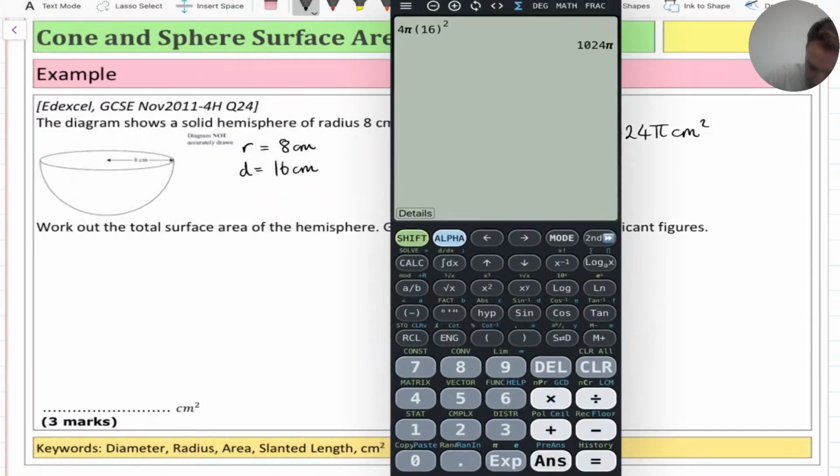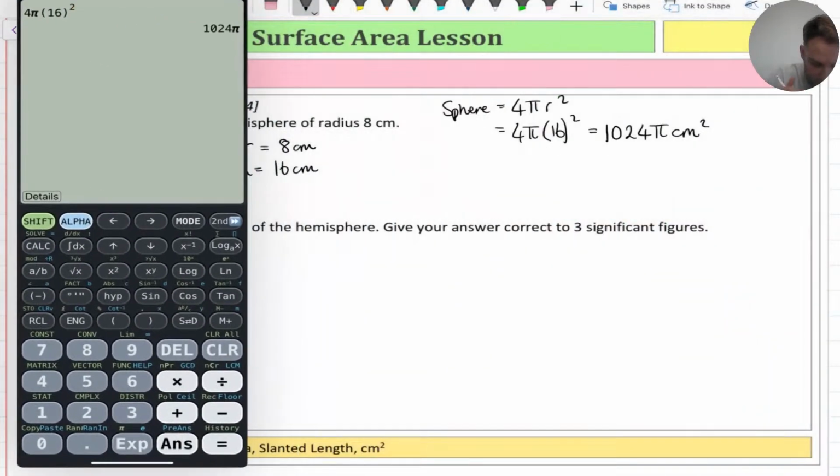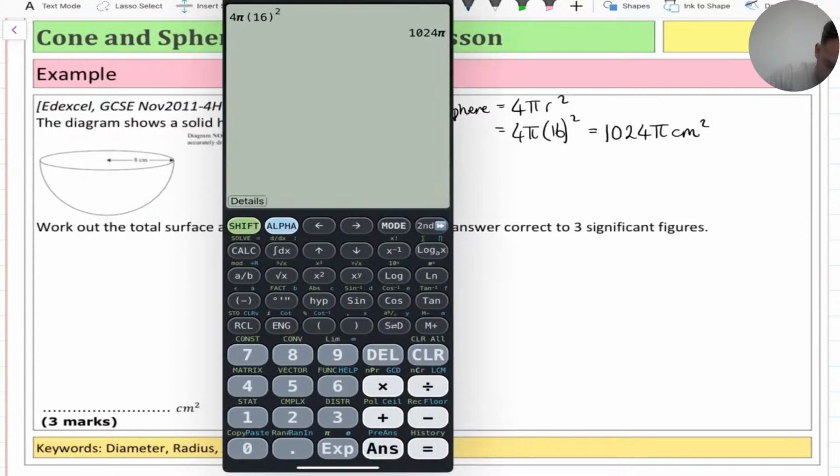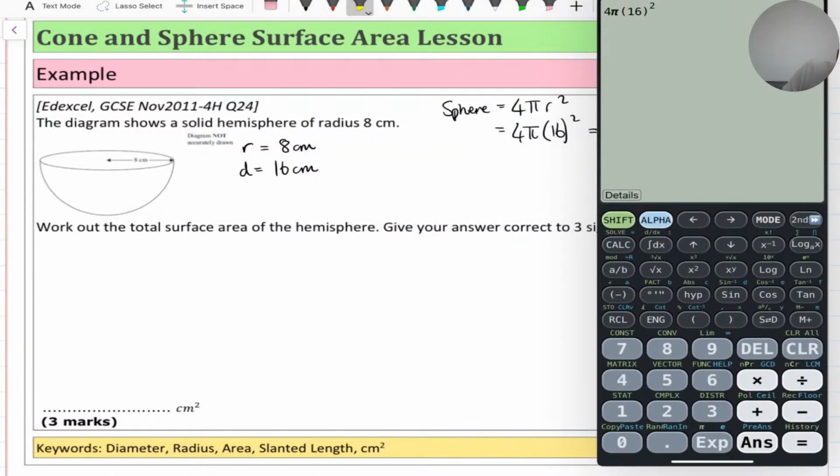So that's the formula for, that's the area of the sphere. Now, remember, this is a hemisphere, so when I divide this by 2, all I'm working out is the bottom curved part here. So let's do that first of all.